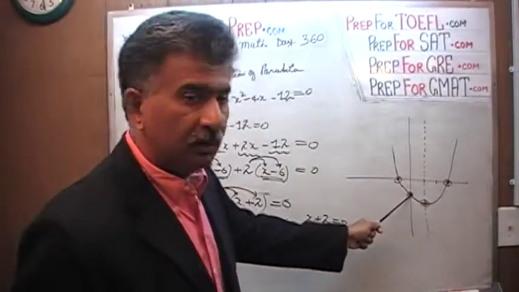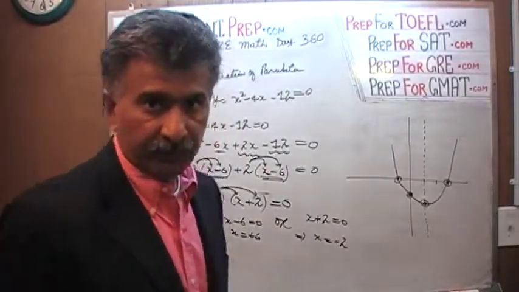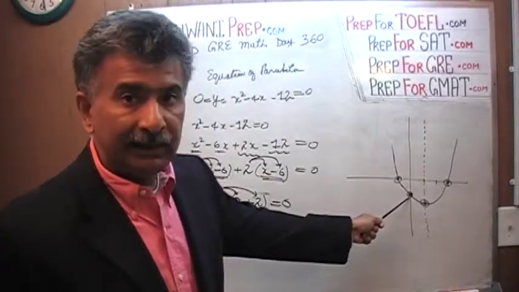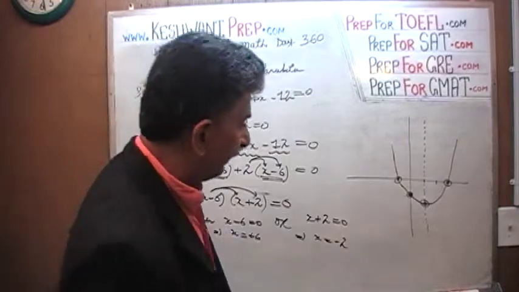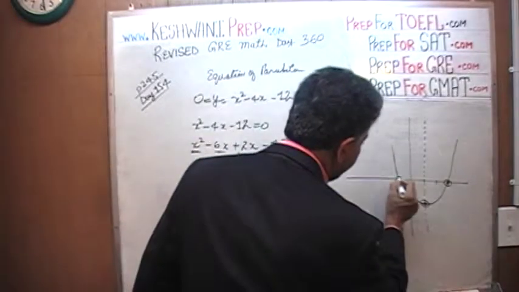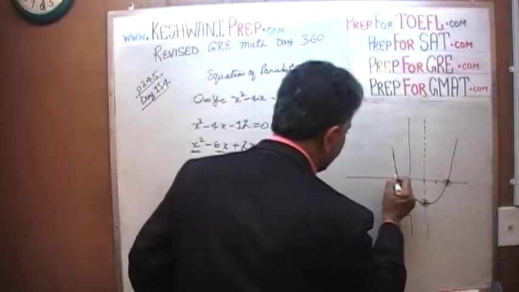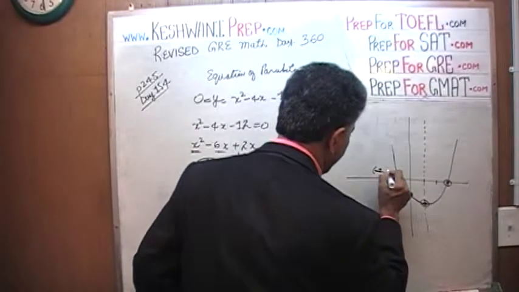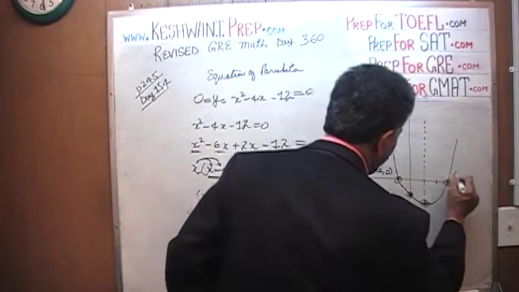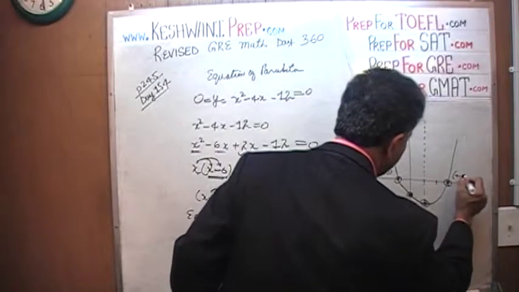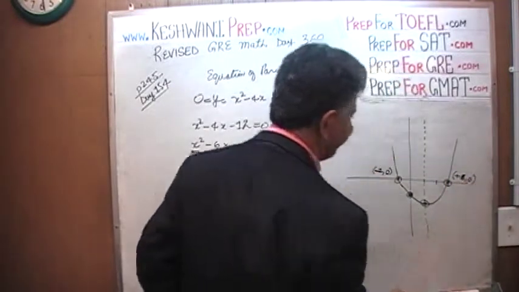Let's first talk about the y-intercept. The y-intercept is where x is equal to 0. At this place here, the x-coordinate is 0. For these, we already know that x is +6 and -2, so the coordinates are -2, 0 and +6, 0.